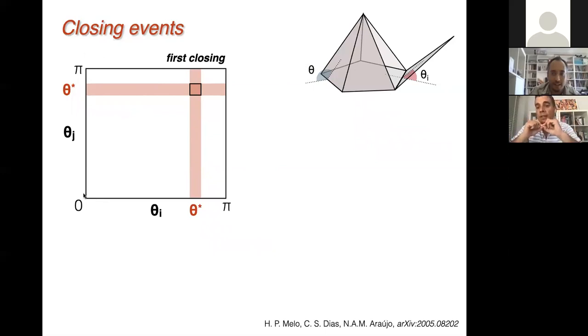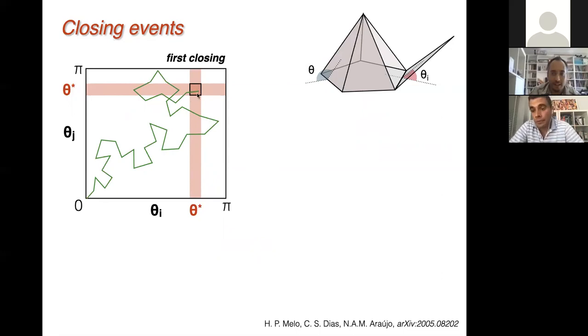This is equivalent to having a two-dimensional random walk that will move in this space, and they will bind together when they enter into this region. Okay, so what we are looking from the statistics of random walks is a first passage process, is calculating what is the time it takes for a two-dimensional random walk to meet at a specific region of the space.